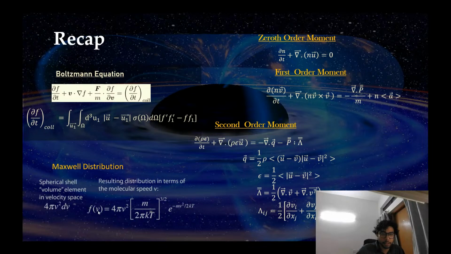So for example, what this equation is telling you is the probability that any particle in the distribution will have a velocity v, and that probability is given by this function, right? If you have very high velocities, the probability of a particle to have such high velocity will be very low.